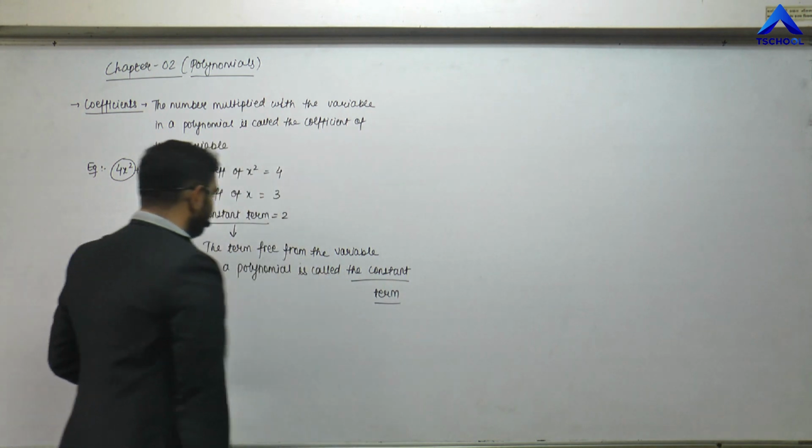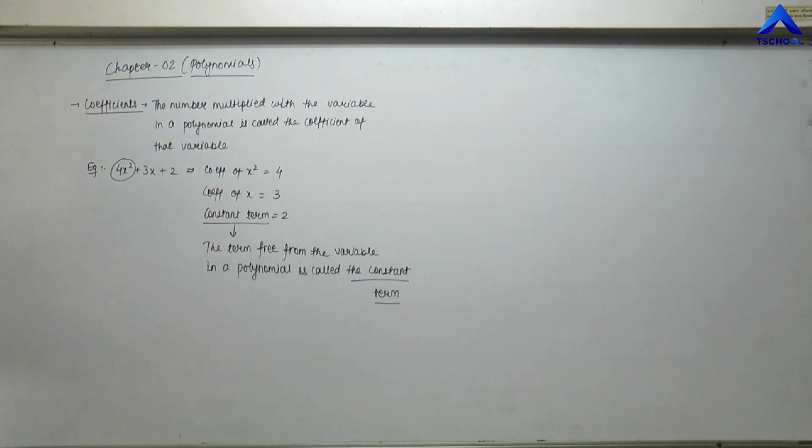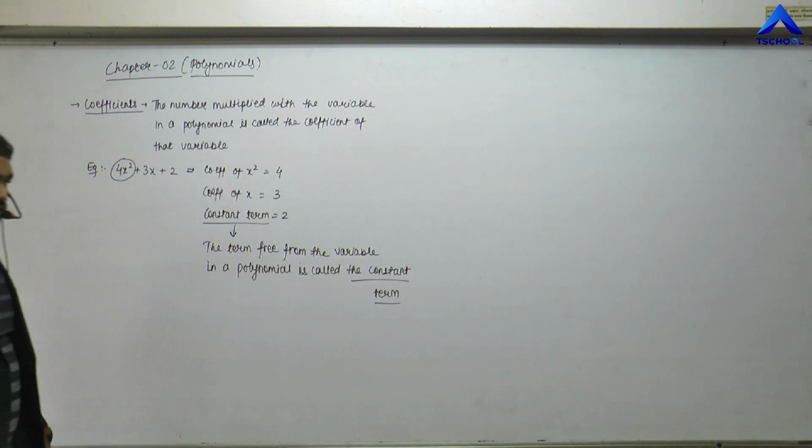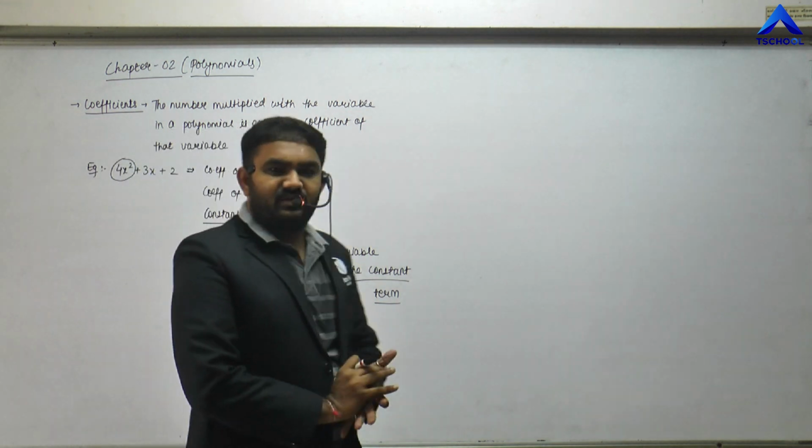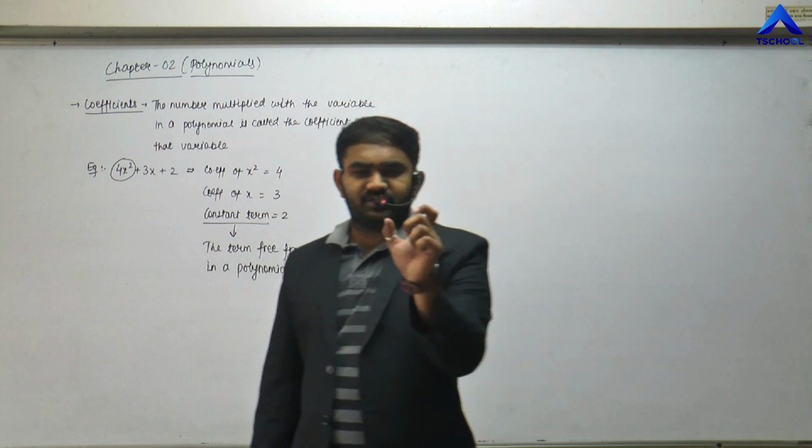Right? The term free from the variable in a polynomial is known as the constant term. Friends, free from the variable means there is no variable seen with that constant, that number.